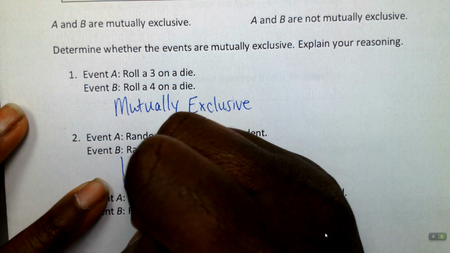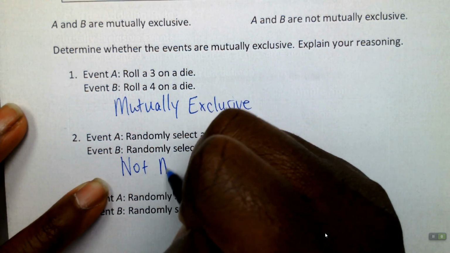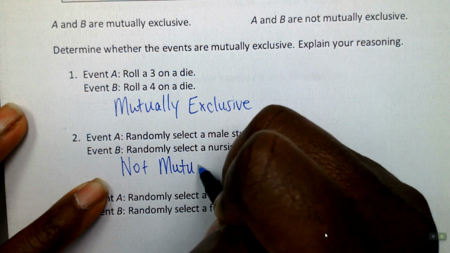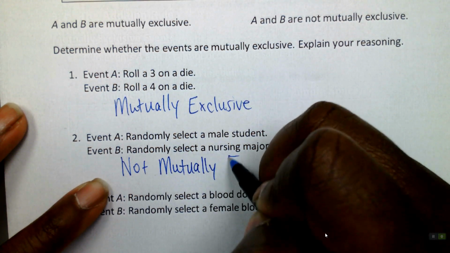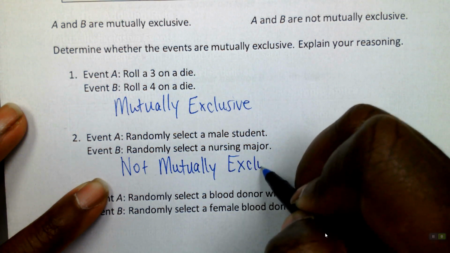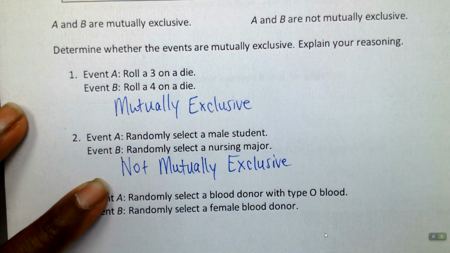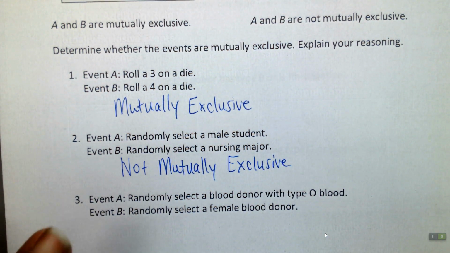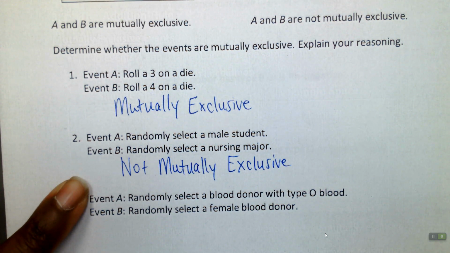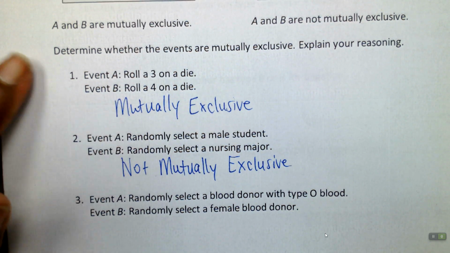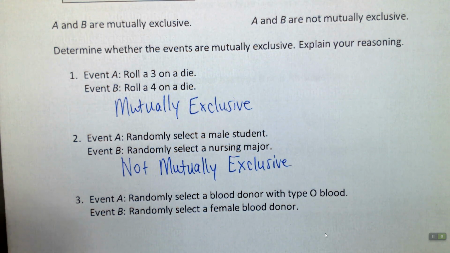Yes, correct. Because I can have both at the same time, this is not mutually exclusive. I can pick a male nursing student. Here, I can't roll a 3 and a 4 at the same time on the same die.